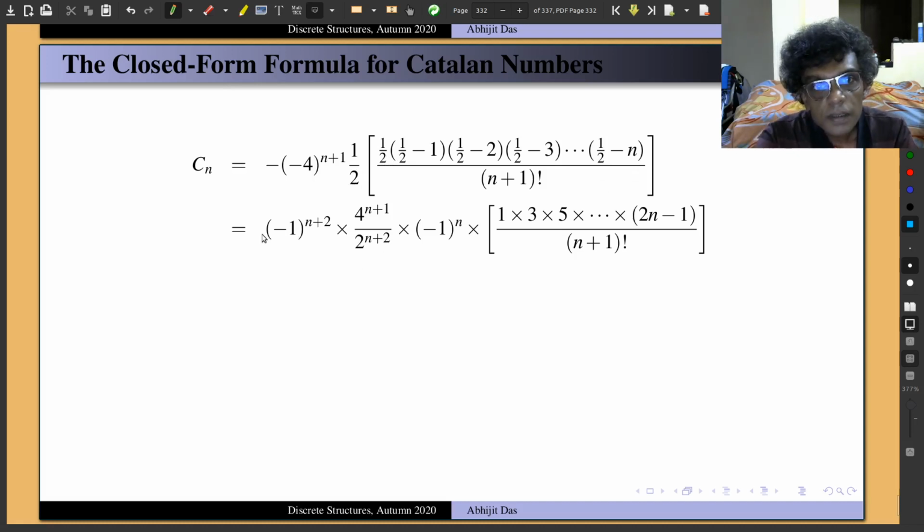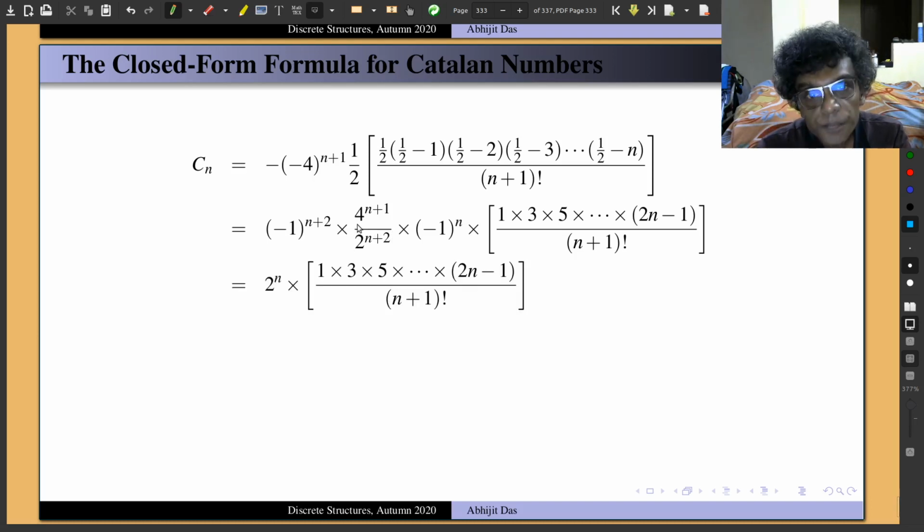Now you see that this and this essentially cancel. This is minus 1 per 2n plus 2, and 2n plus 2 is even. And this is 4 power n plus 1, that is 2 power 2n plus 2. Out of this, 2 power n plus 2 is there, only 2 power n remains. So this simplifies to 2 power n times this quantity. Now I multiply both the numerator and the denominator by n factorial.